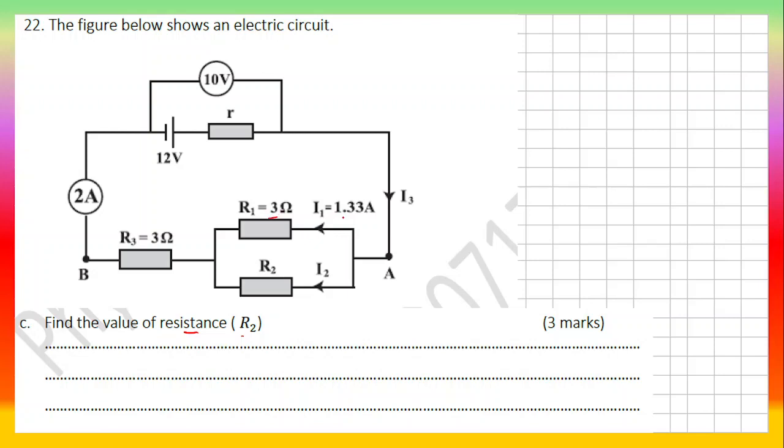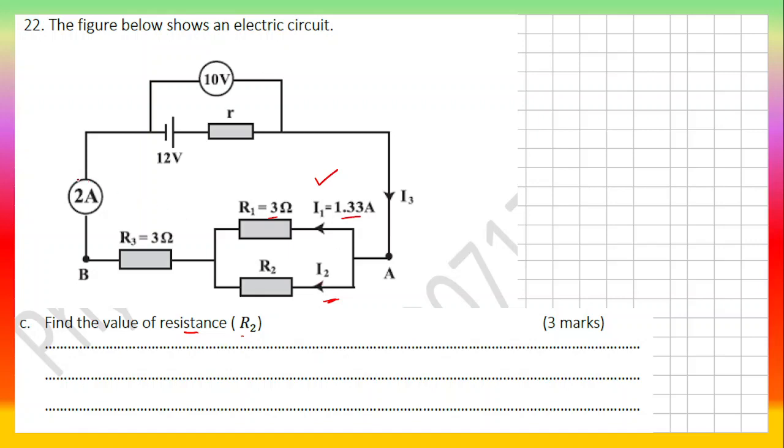So are we able to get the voltage through the 3 ohm resistor? Yes, because we have the current through it. But here, we don't know the current, but we can get the current. If we get the current and we can get the voltage from this side, then we can get the value of R2. Let's start by getting the current, I2. I1 is 1.33 and I2 is not known.